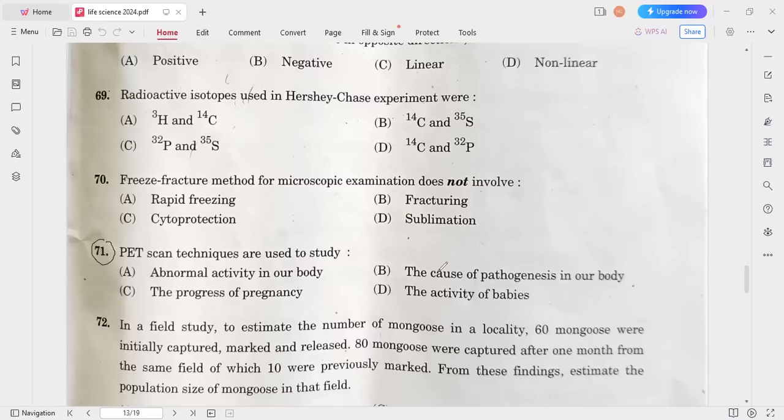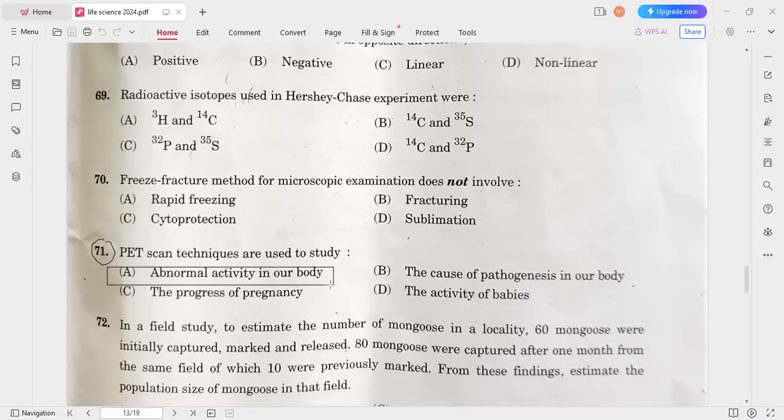Here all options seem to be correct, but option A fits more when compared to others, that is abnormal activity in our body, because PET scan is used to find out brain functions. It is also used to scan tumors in the body to find cancer tissues and all. So compared to the remaining options, option A seems to be high yielding.